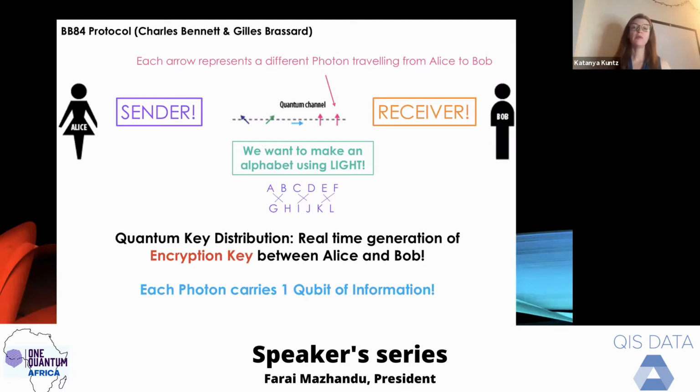So if you remember when you were in school, I mean, you're all probably still in school, but when you were little and you wanted to talk with your friends, you didn't want your teacher to read the note. And if your teacher found the note, you didn't want it to make any sense to the teacher, right? So you would make up a code. You and your friend, maybe A becomes H and B becomes G and C becomes J, for example.